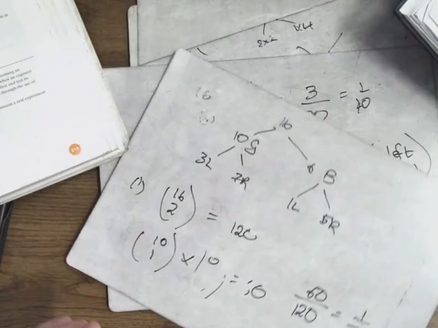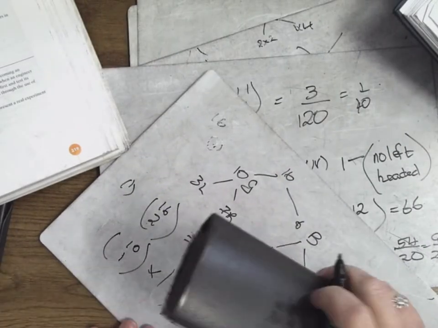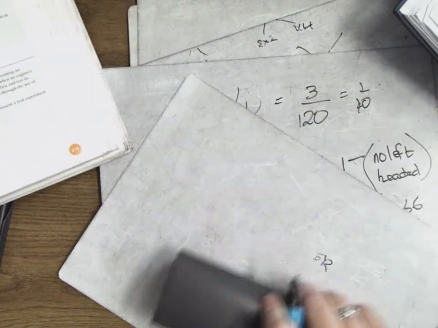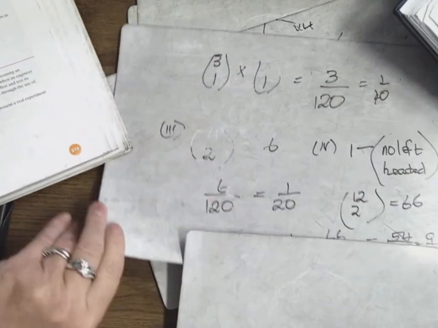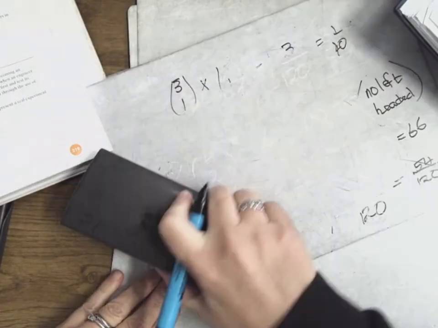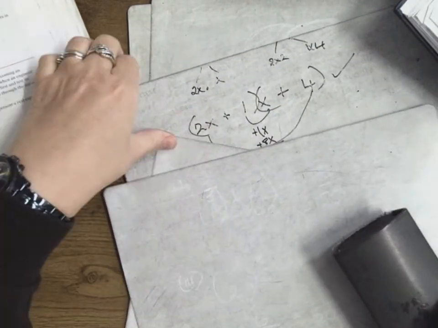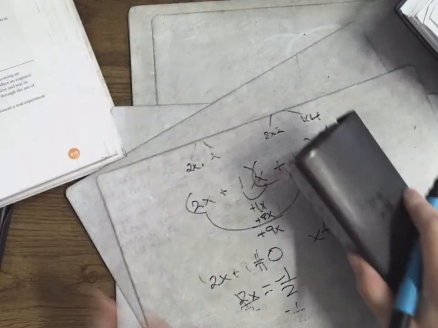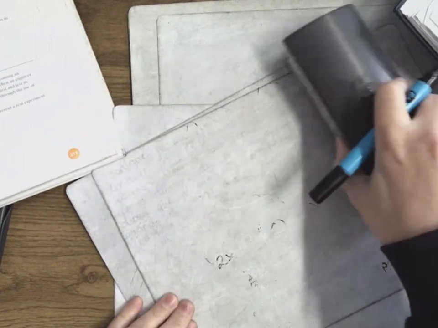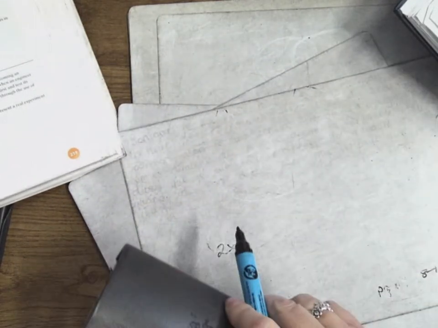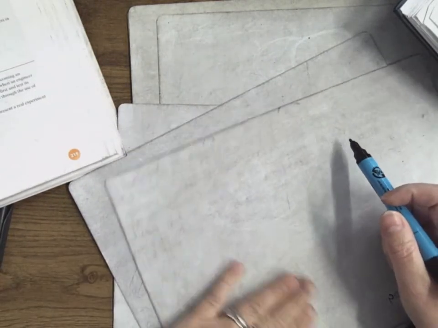Right, okay. 3 dice are numbered 1 to 6 are rolled. One dice is fair and the other are biased, so that for each of them a 6 is twice as likely as any other score.